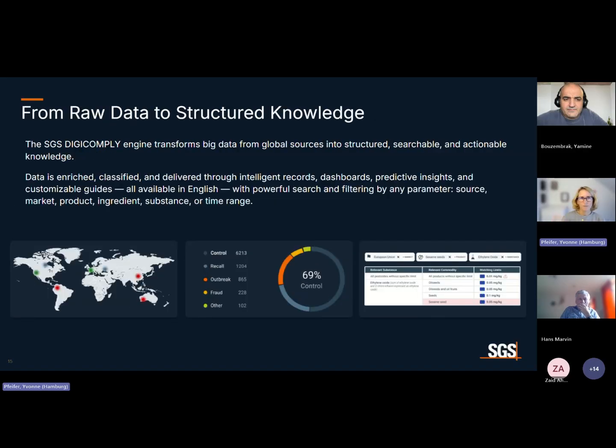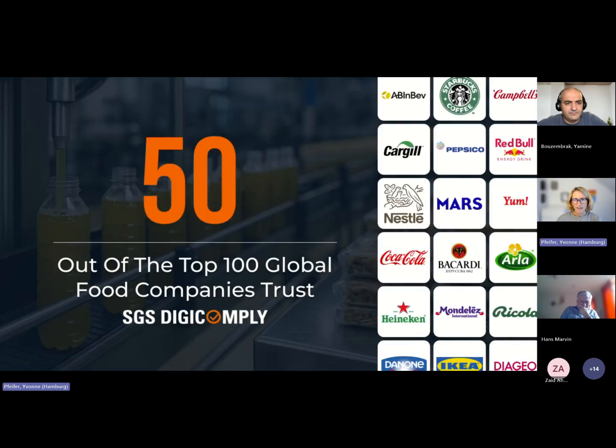We really go from raw data to a structured knowledge base. The data is enriched, classified, and delivered through intelligence records, dashboards, and predictive insights, so that it's really easy for you to get the information you need to answer your questions.